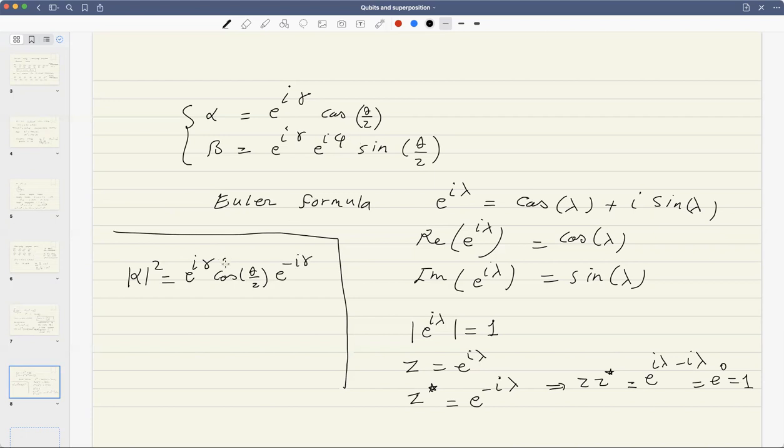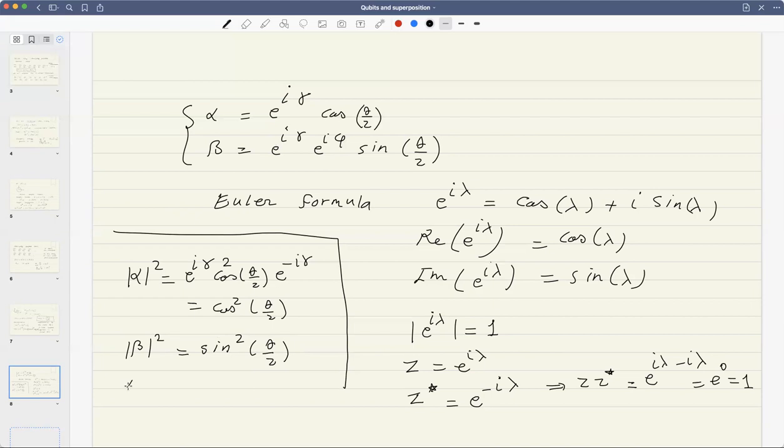So let me make that cosine squared theta over 2. E to the I gamma, e to the minus I gamma, they cancel out. So that's just cosine squared theta over 2. And similarly, beta absolute value squared. Now, we have two of these. We have e to the I gamma, but when that multiplies its complex conjugate, it gives me 1. We have e to the I phi. When that multiplies its own complex conjugate, it gives me 1. So for a very similar reason, this is going to be sine squared theta over 2.